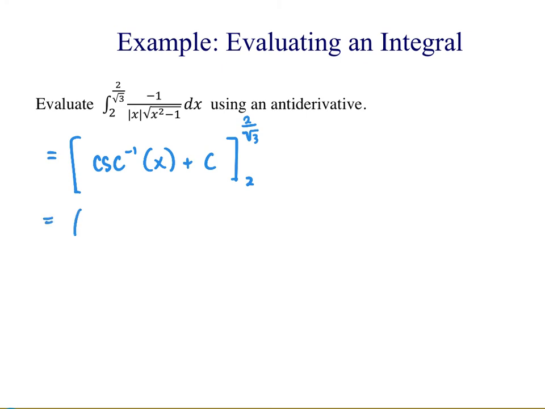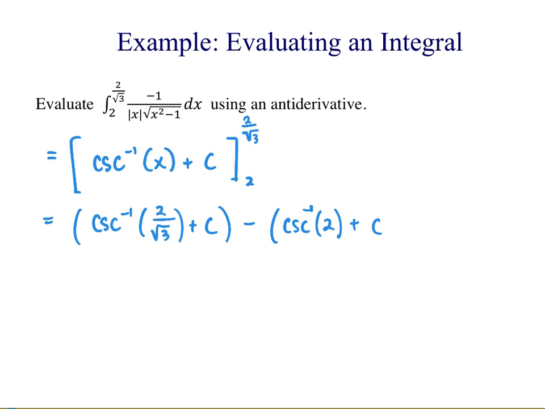So this will be evaluated as the inverse cosecant of 2 over rad 3 plus the constant c minus the inverse cosecant of 2 also plus c. All right, so distribute the subtraction. So the c's each cancel out.